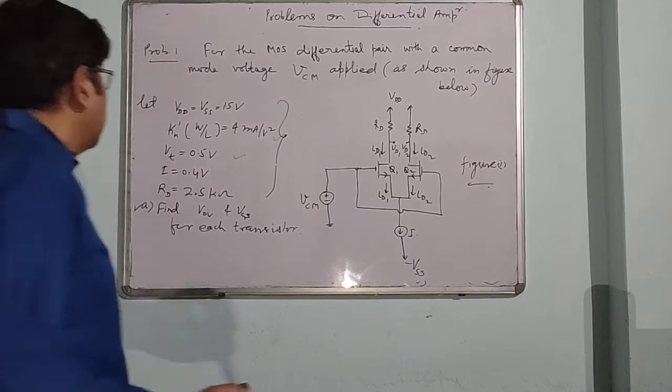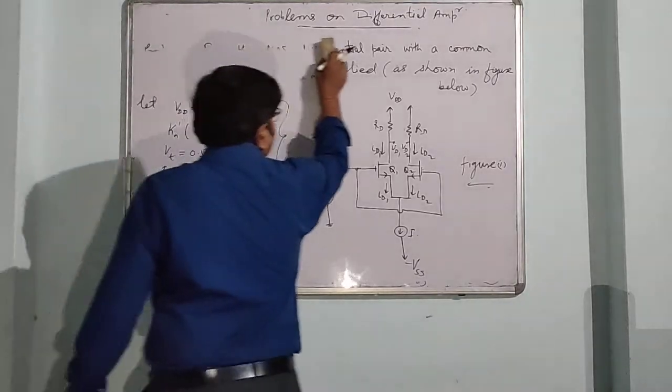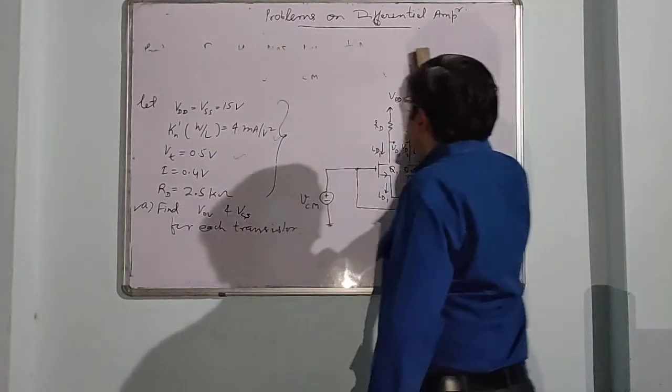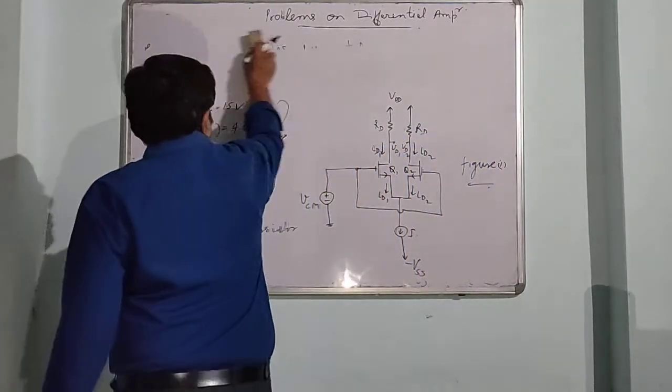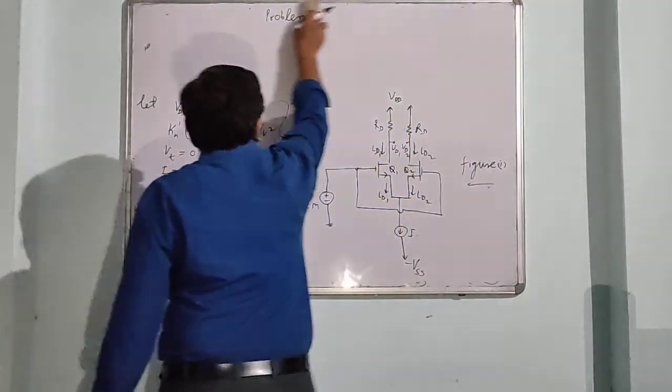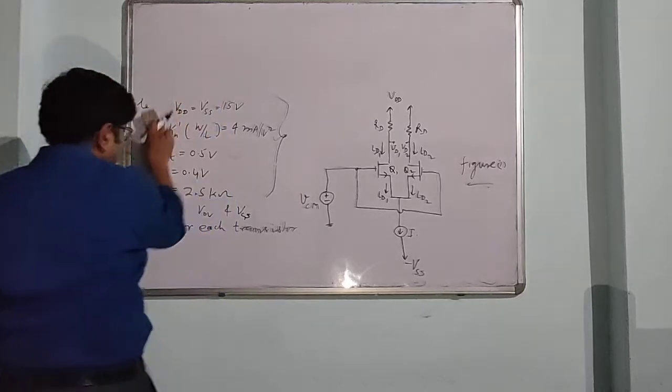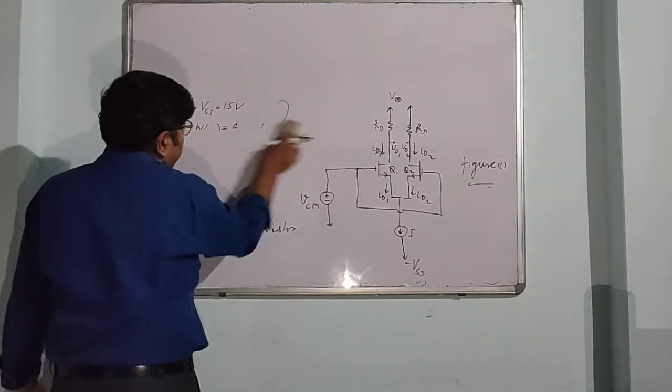So now we are going to start the solution of this problem. How can we solve? First write the basic expression to calculate the overdrive voltage. These are given parameters.